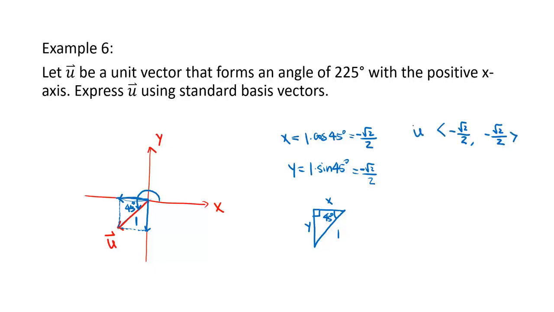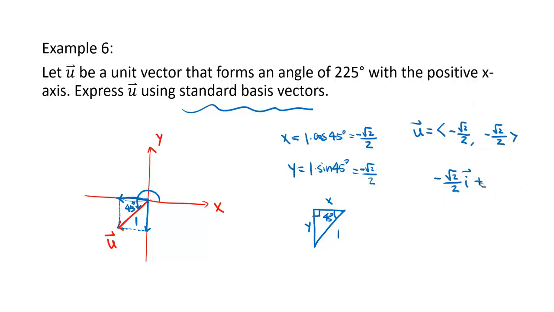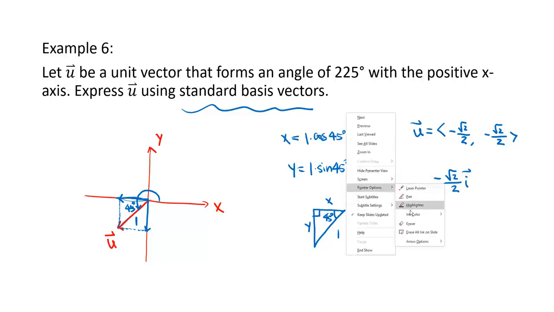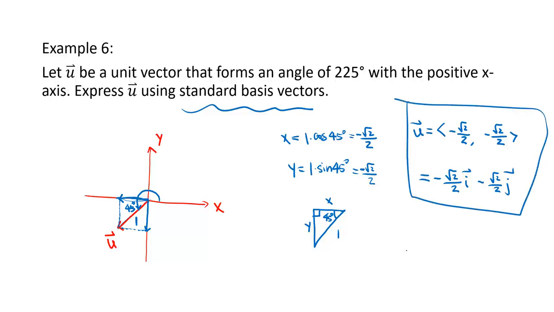Therefore, my standard basis form, that's what we want in this problem, using the i and j notation, would be negative square root of 2 over 2 i plus a negative square root of 2 over 2 j. Right, because it's a plus, so plus a negative number, I'm just going to write it as minus square root of 2 over 2 j. Right, these two vectors are equivalent.